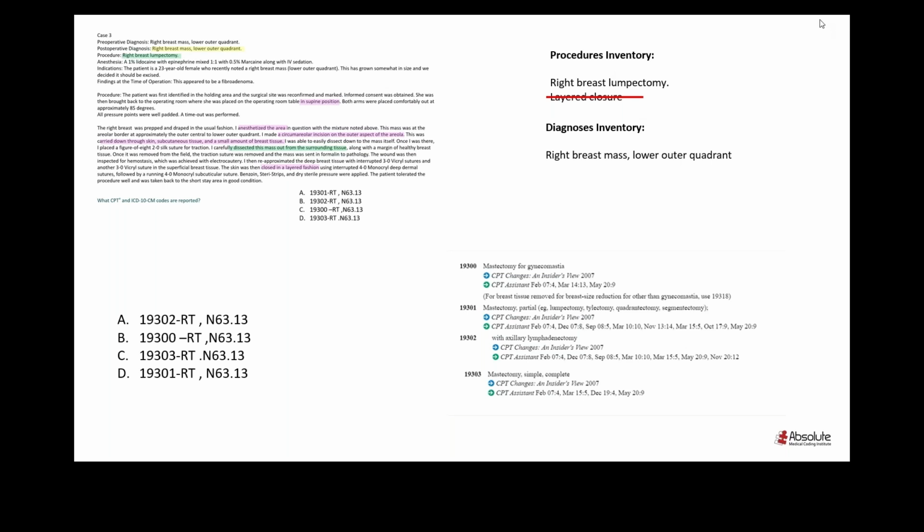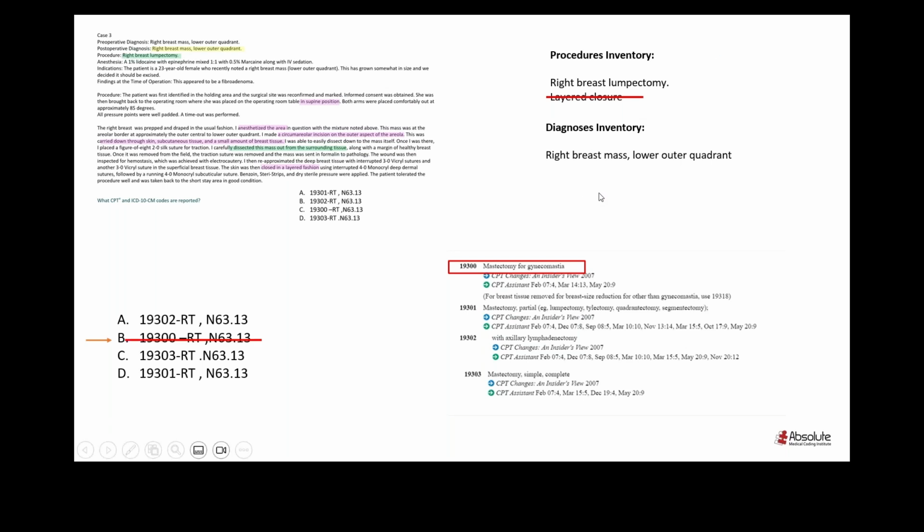Now next, we are going to select the code that best matches our inventory list. So 19300 is coding for a mastectomy for gynecomastia. Did we have the patient here for a mastectomy procedure for gynecomastia? No, exactly no. We had a scenario where the patient came for a right breast lumpectomy performed for treatment of a right breast mass, and that was not a visit for gynecomastia.